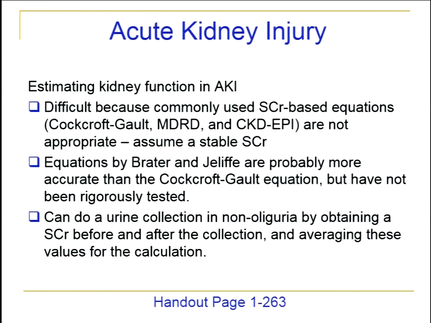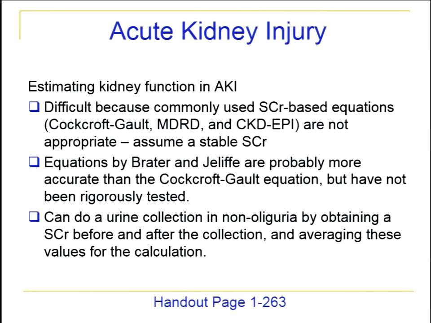Estimating kidney function can be a little challenging in acute kidney injury. Most of the equations that we use on a regular basis really assume a stable serum creatinine. They're based on steady state formula calculations, so if the serum creatinine is rising, you would actually overestimate what the patient's GFR is based on that unstable serum creatinine. So those aren't very helpful.